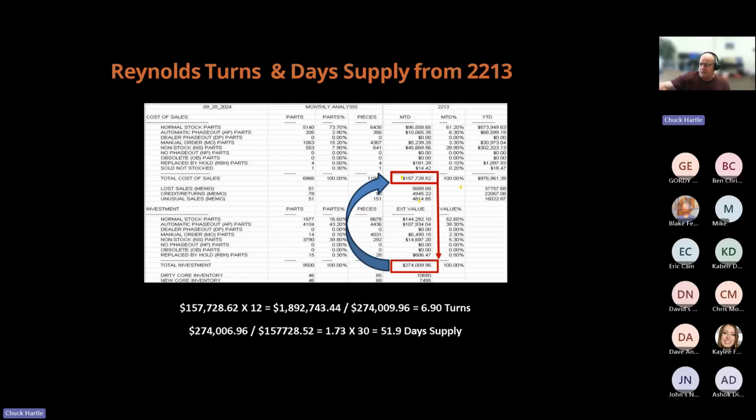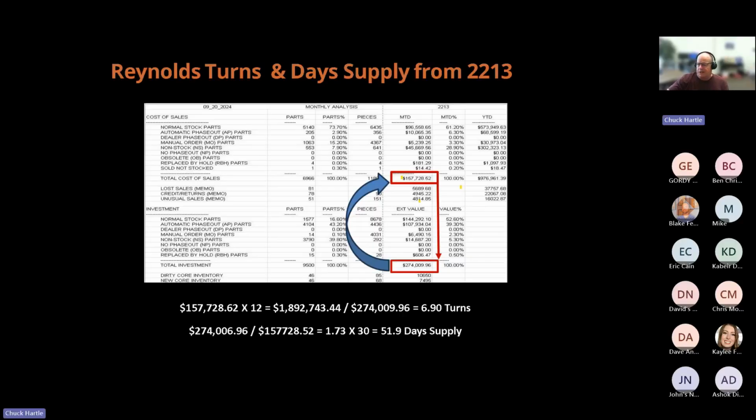Here you want to take the month-to-date number and multiply it by 12. That gives you an estimated annual sales to divide back into the investment. Then what's really simple is, with these two numbers, you just take the sales and divide it back into the total investment to get the days supply.